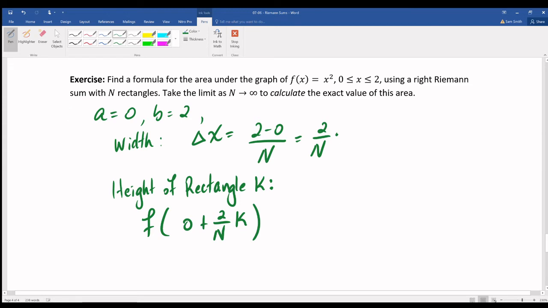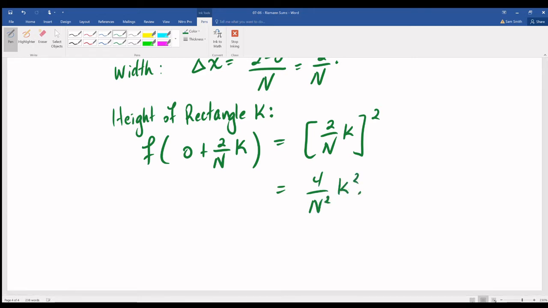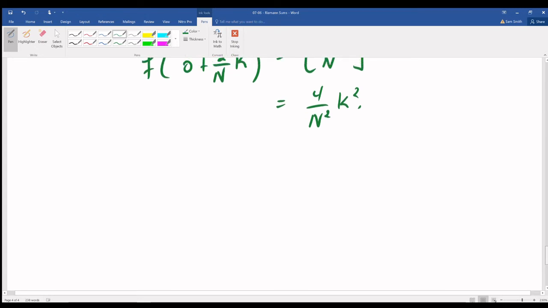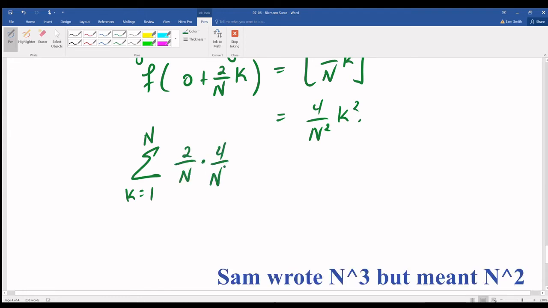So when we go ahead and work on simplifying this, we're still going to have an expression that contains the letter n in it, 4 over n squared, k squared. And when we do our summation, summing from k goes from 1 to now not 10, but however many rectangles we have, of width 2 over n times 4 over n squared, k squared.